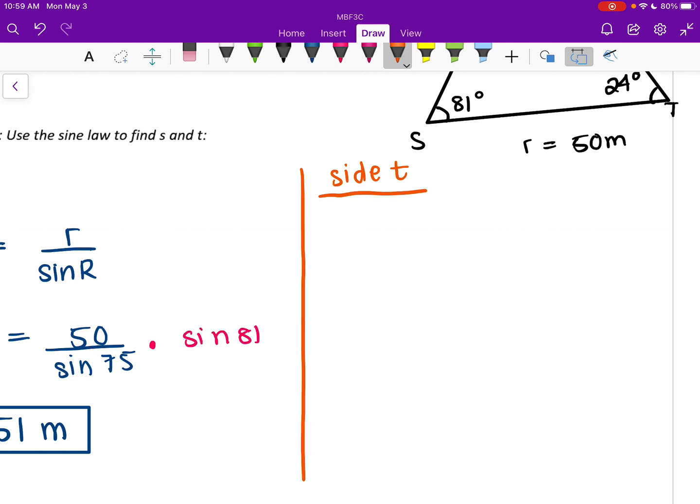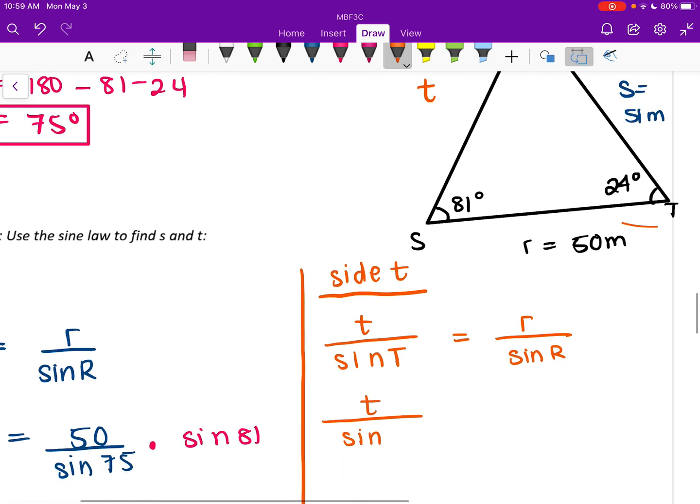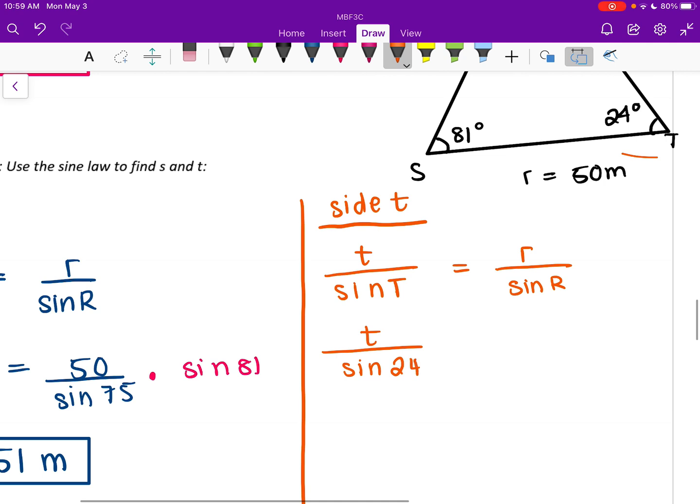Okay. So we have side T divided by sine T is equal to, and sorry, this should be large capital T, sine T over R, sine capital R, right? So then I have T divided by sine, and I know that angle T is 24, over, and I know that R is 50, and sine R is sine 75.